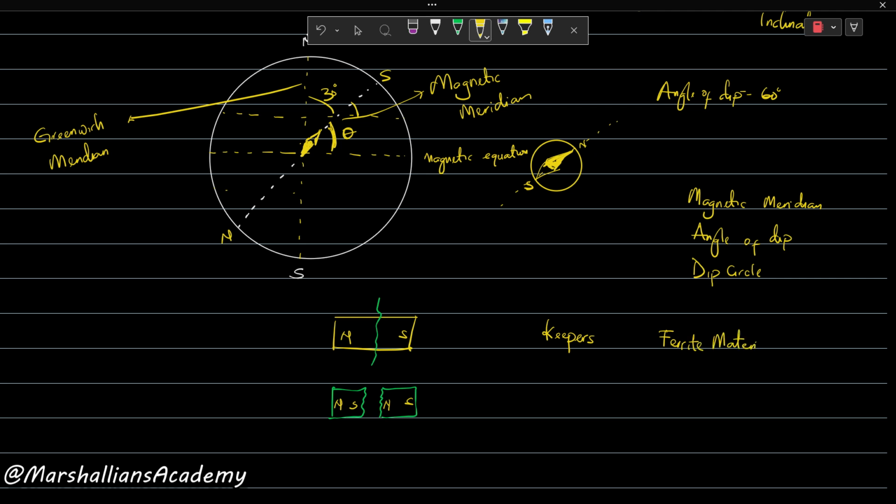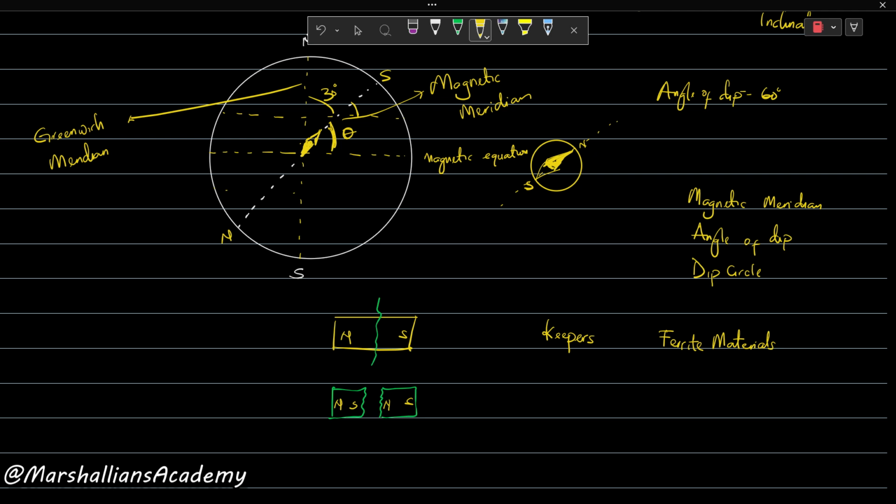Ferrite materials don't respond to a magnet at all. They don't even allow a magnetic field. They don't respond to a magnetic field at all.